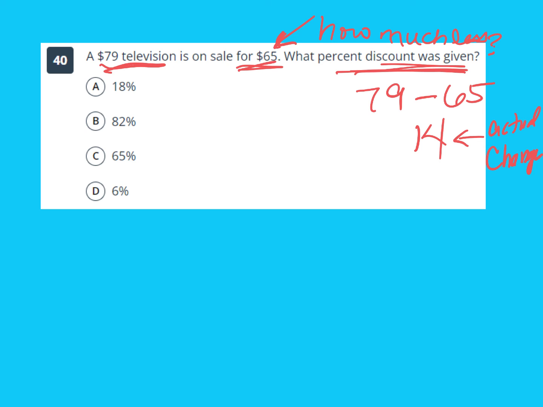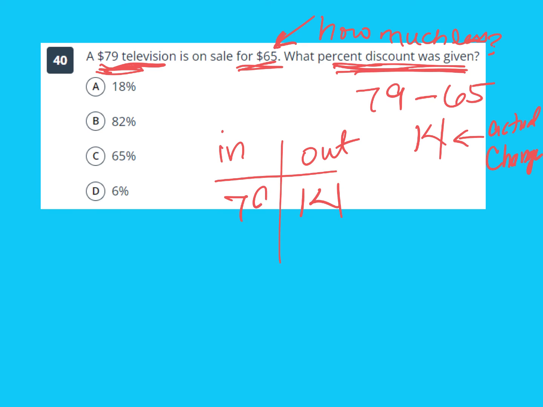So now I want to find out the percent discount. So I'm going to use my input, output. $79 was the original, so put 79 in, out comes 14.